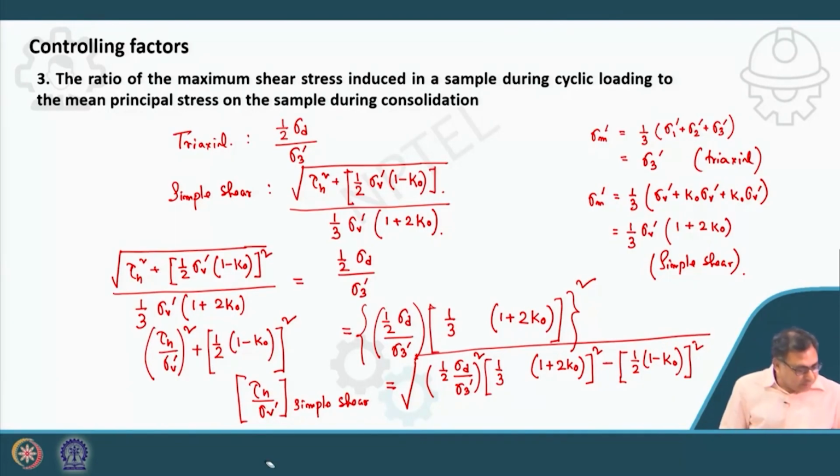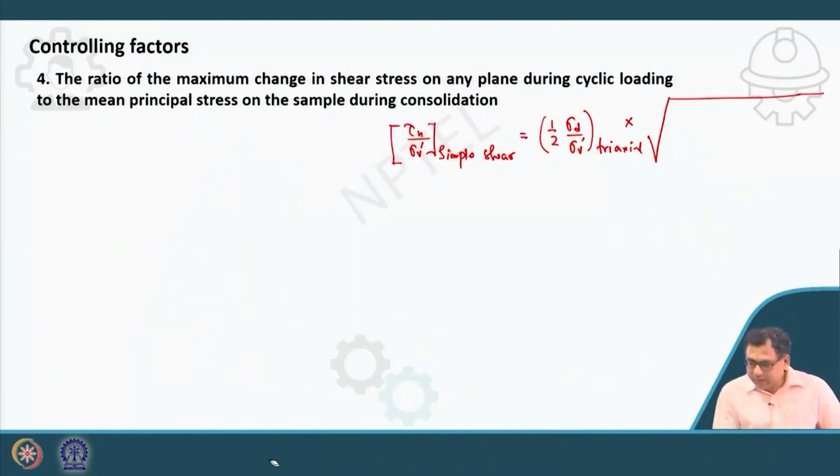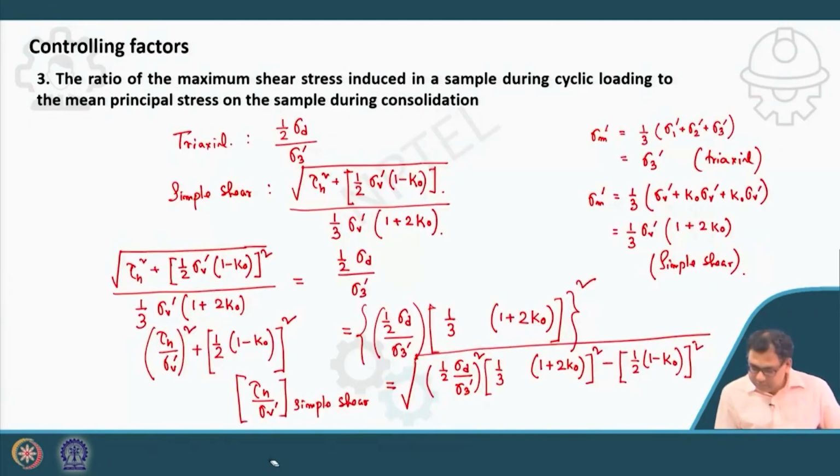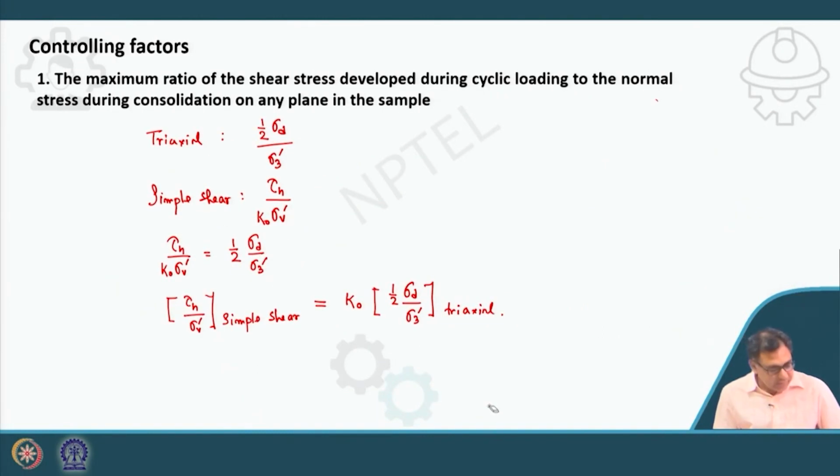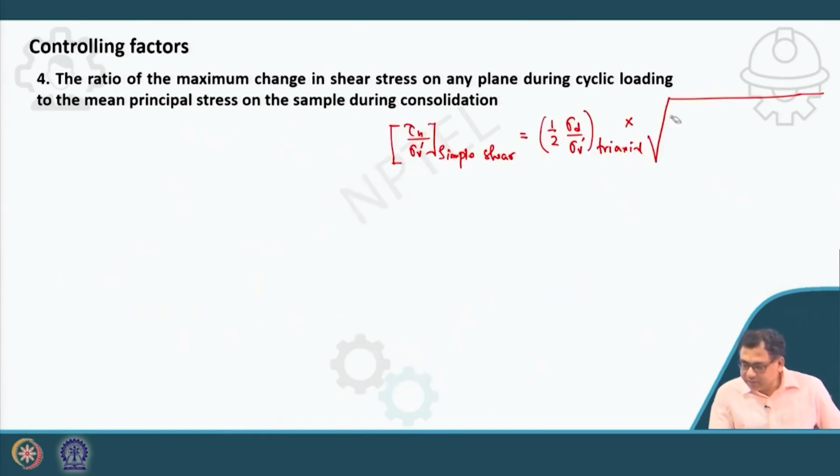Yeah, fine. So now I can write, this is within square 1 by 3. So I can write, this is 1 by 9, 1 plus 2k0 whole square.